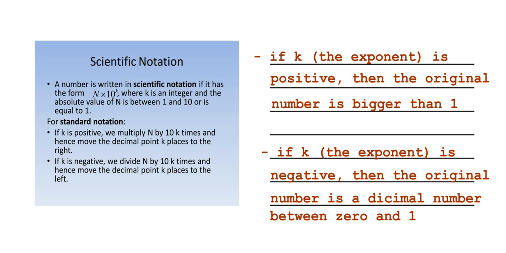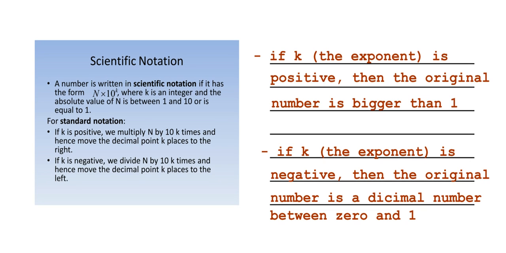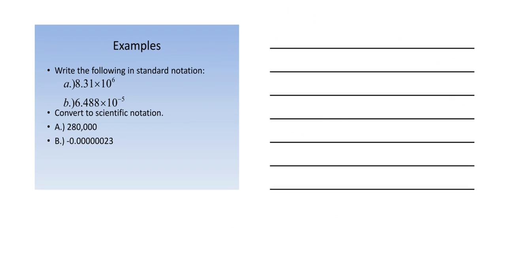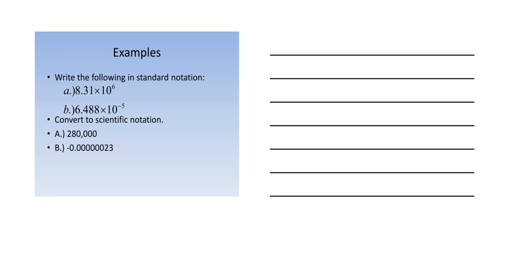Okay, so let's see if we can try some examples to make it a little bit easier. Let's realize that those are the k values that we're talking about. These are the exponents, the 6 and the negative 5.